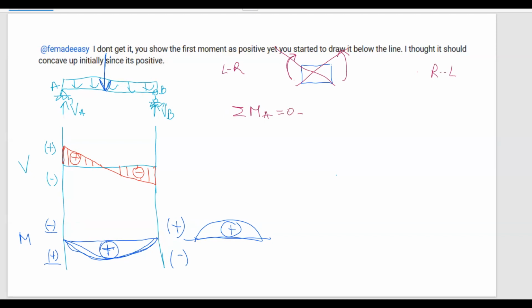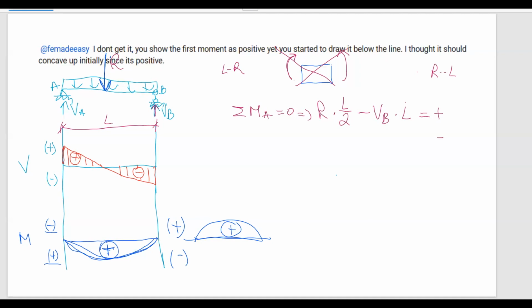equals 0, you go ahead and pick your positive direction and negative direction. If we pick, let's say, this as positive, then obviously we take the VB as negative. So we can say, let's say this is the resultant. We can say resultant multiplied by half of the length minus VB multiplied by the entire L. And as long as you get a positive result, that means that you have chosen the reaction direction correctly.